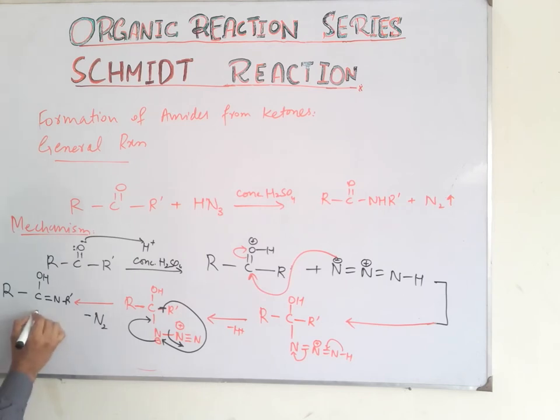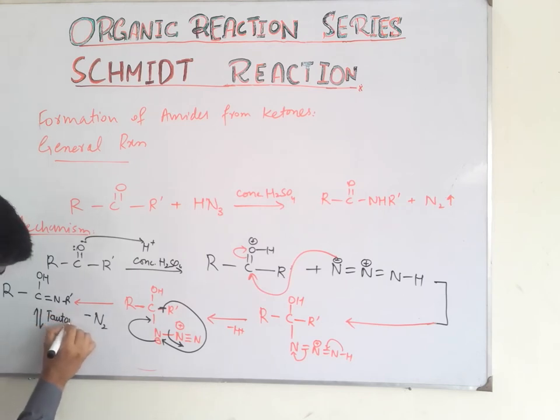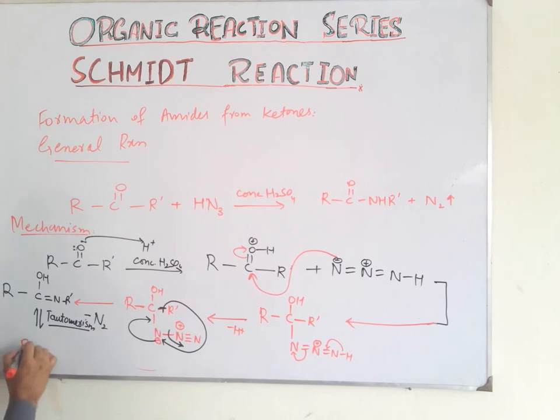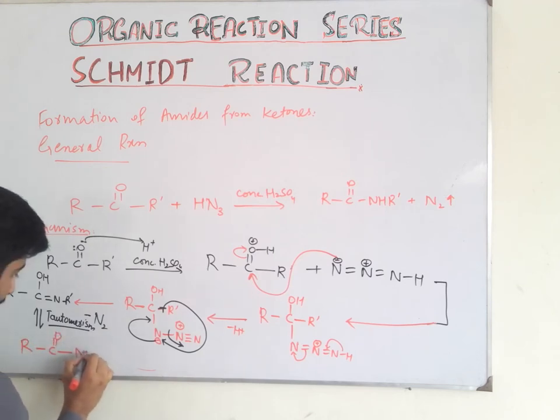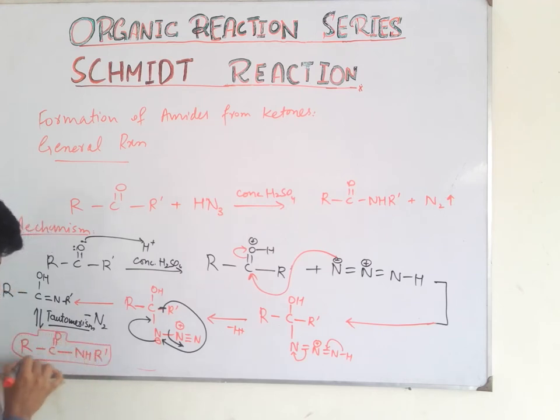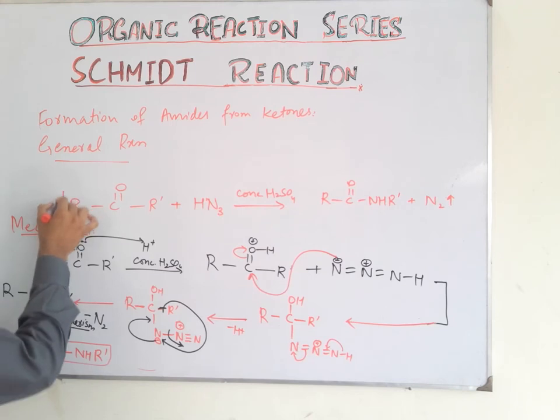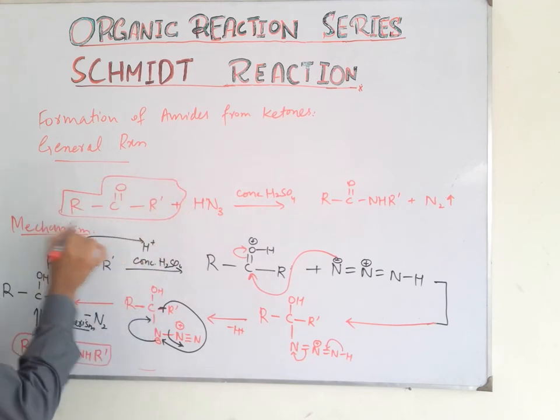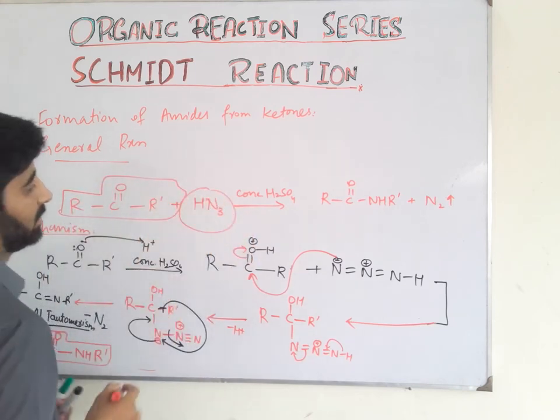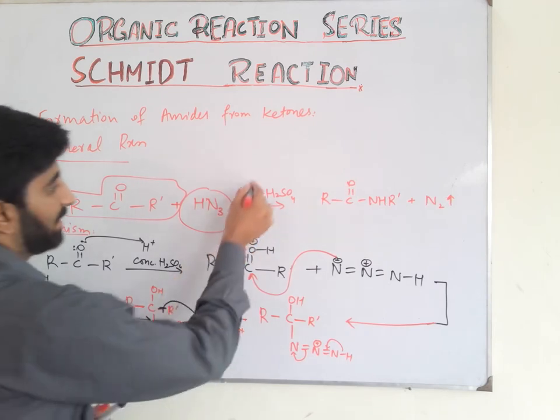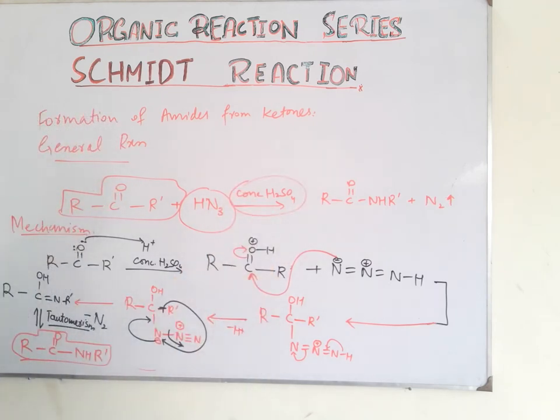So in the next step, tautomerism takes place, and there is formation of an amide. So amide is synthesized from the ketones when the ketones are treated with hydrazoic acid in the presence of concentrated sulfuric acid.